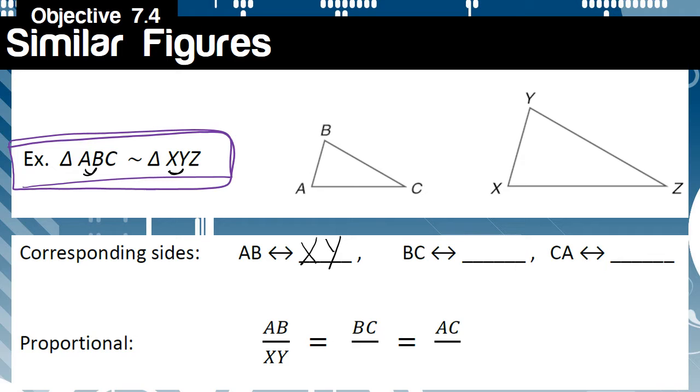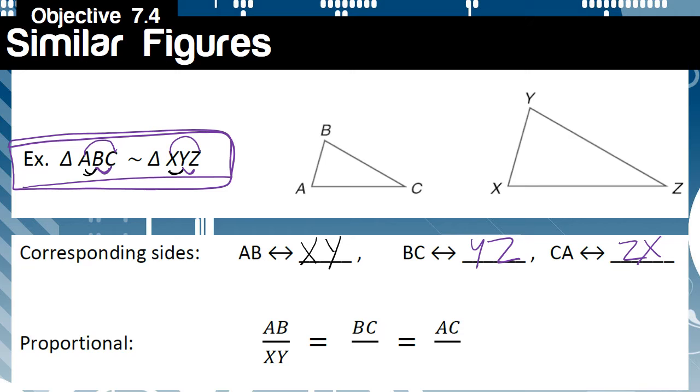Then BC, the second and third letters, match up with side YZ. And side CA, third to first, matches up with the third to first, which would be Z to X.